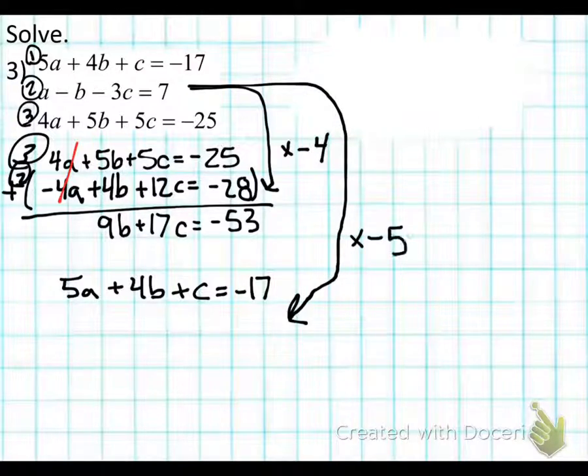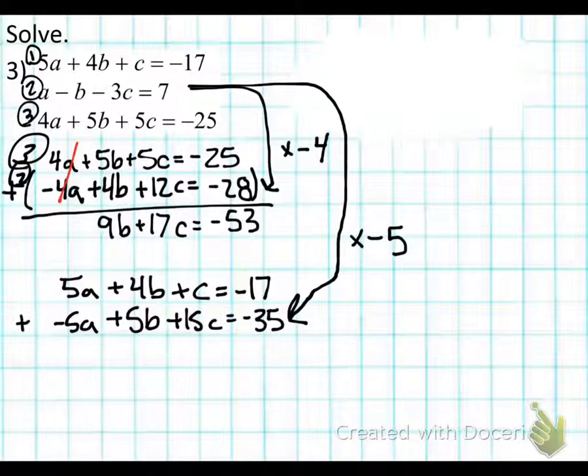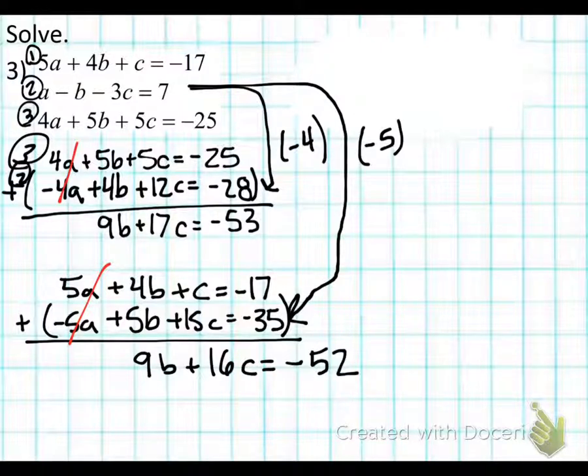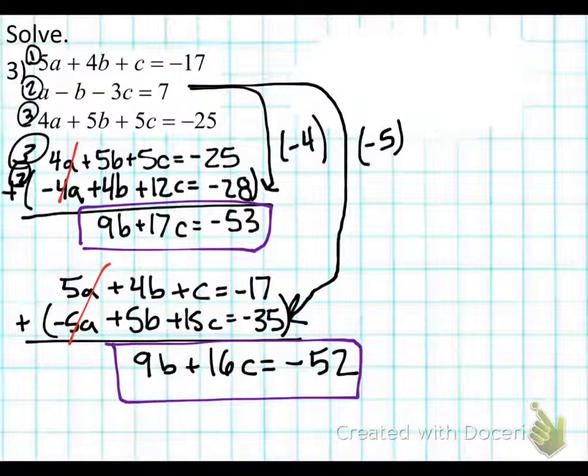Multiplying by negative 5, I get negative 5a plus 5b plus 15c equals negative 35. Adding this second equation to the first, the a's cancel out again. Then I get 9b plus 16c equals negative 52. Now I have two equations in two variables.